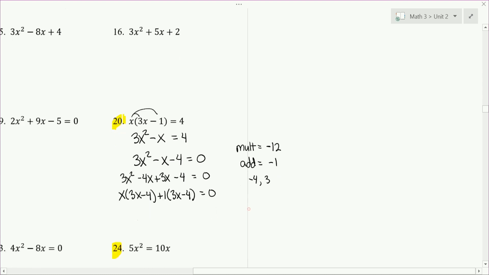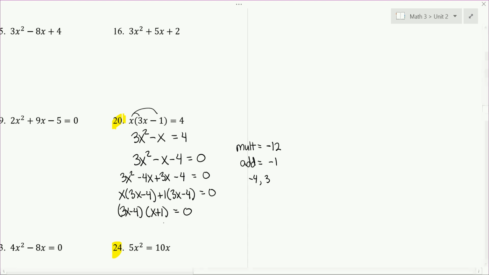Both terms have a 3x minus 4, so you factor the 3x minus 4 out, and we're left with the x plus 1. This is equal to 0. So now when you get to this stage, when it's factored equal to 0, you can split the factors up and set the factors equal to 0 individually.